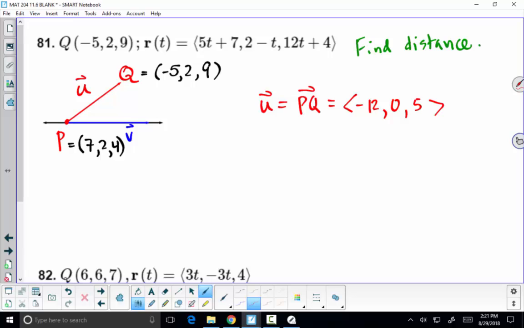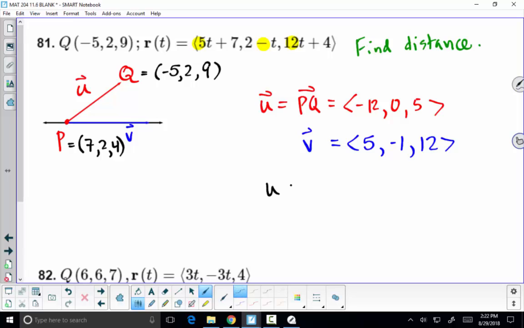Vector v is found by looking at the coefficients of t: 5, -1, 12. Everyone okay with that? Then we just cross them to find the cross product vector.